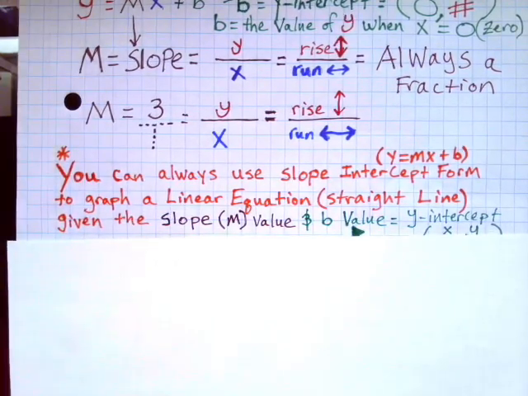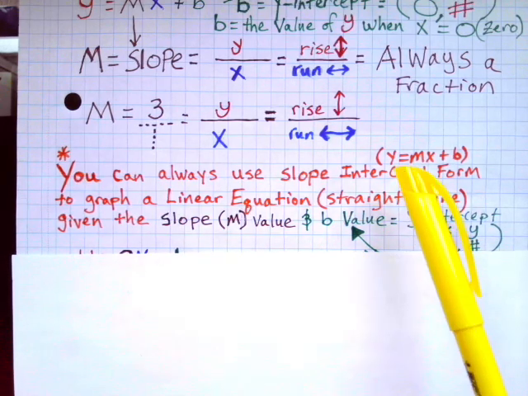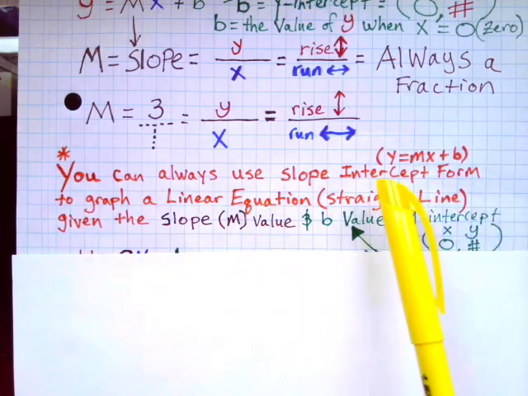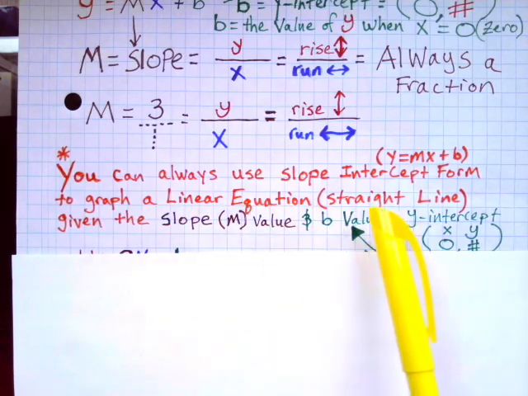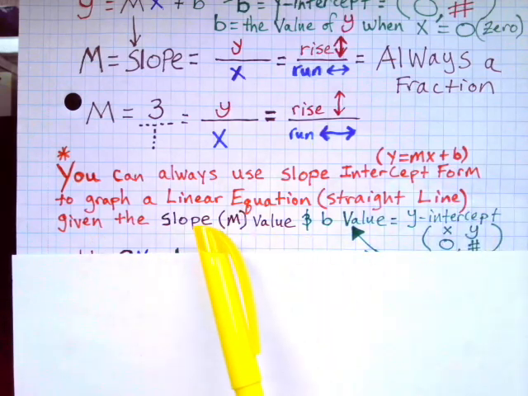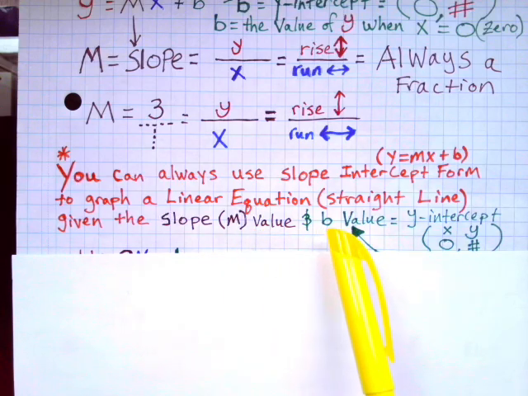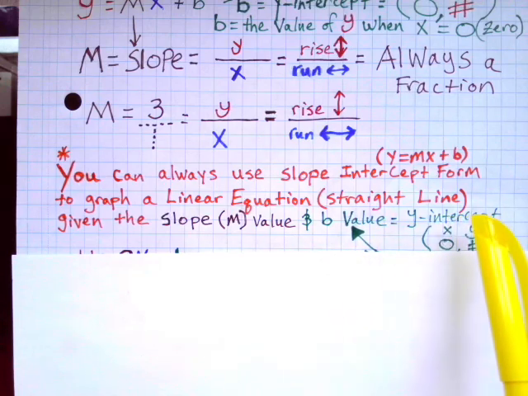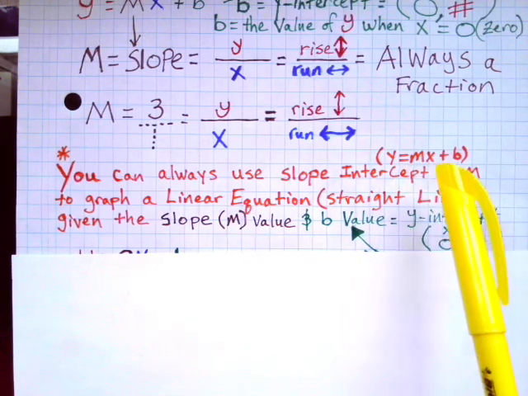And so there's something important you need to know, and I'm going to show you here. In slope-intercept form, y equals mx plus b, you can always use the slope-intercept form to graph a linear equation. That's just a fancy way of saying a straight line. If you're given the value of the slope m, and the b value, remember the b value represents that y-intercept, so y equals 3x plus 1.